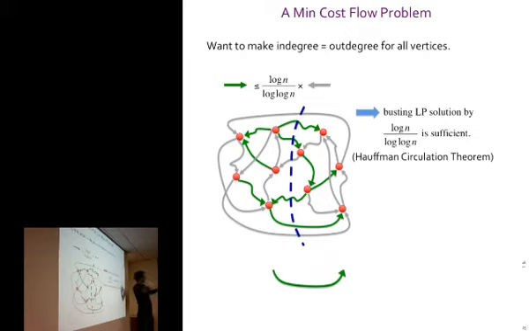This way we can have as many edges from right to left as we have from left to right. And this is necessary and sufficient. So this simply says the cost of the Eulerian augmentation is at most log n over log log n of the cost.